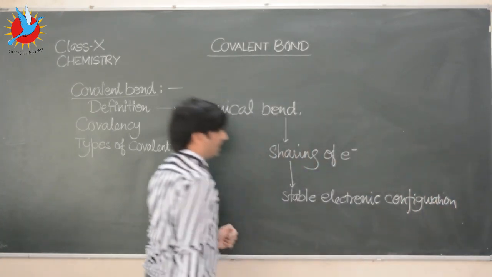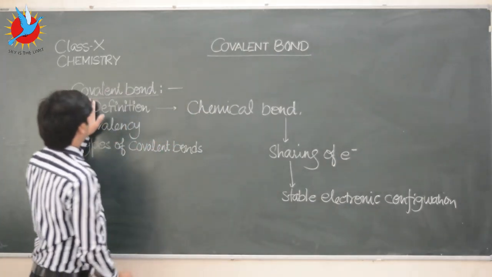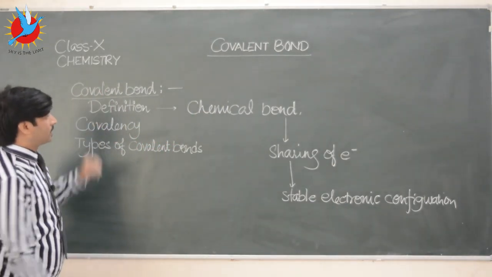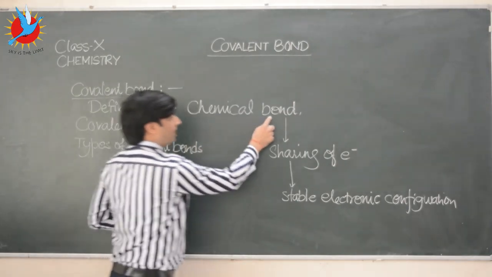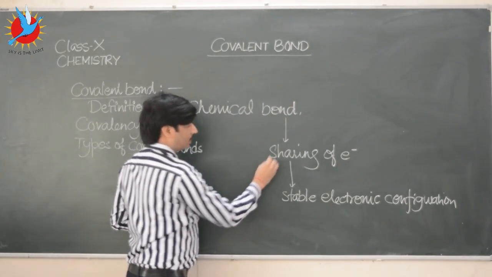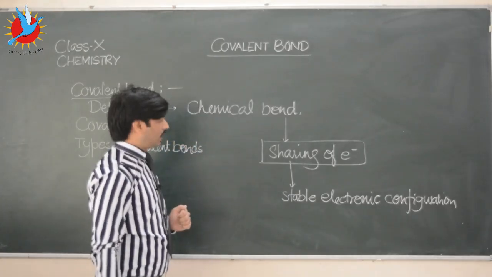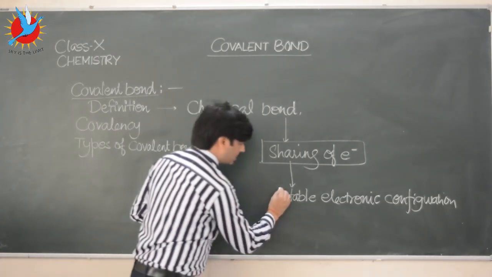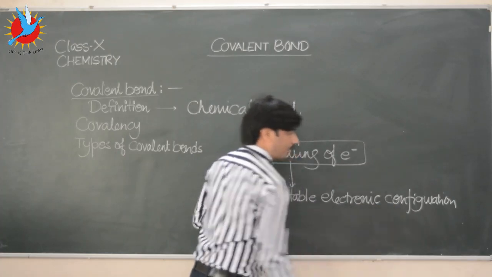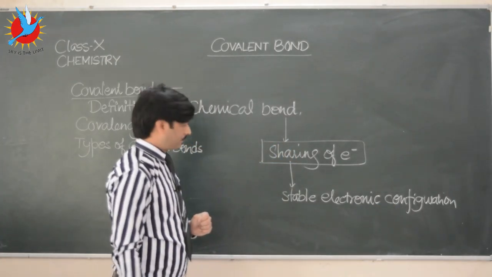So if we repeat the definition, a covalent bond is a type of chemical bond in which two atoms share their electrons to get the stable electronic configuration of the nearest noble gas.